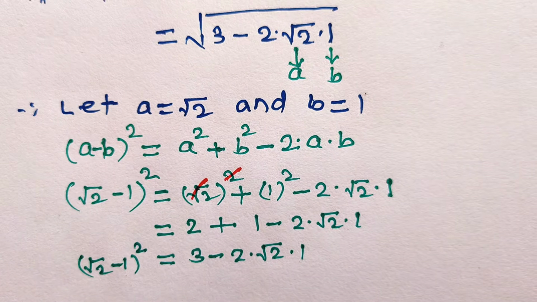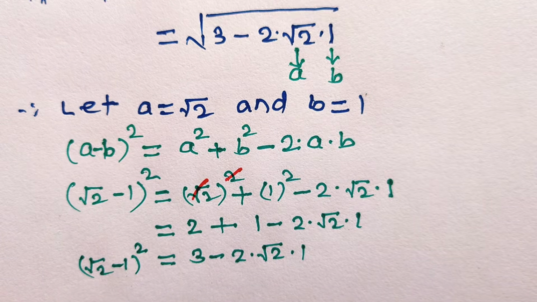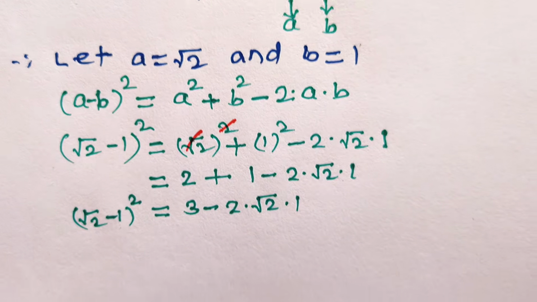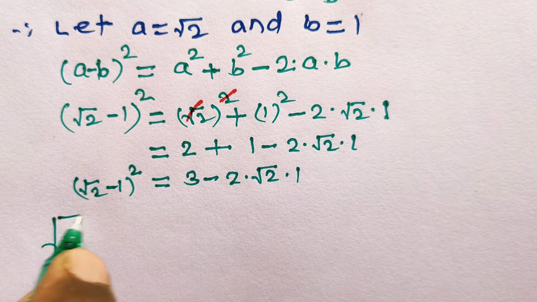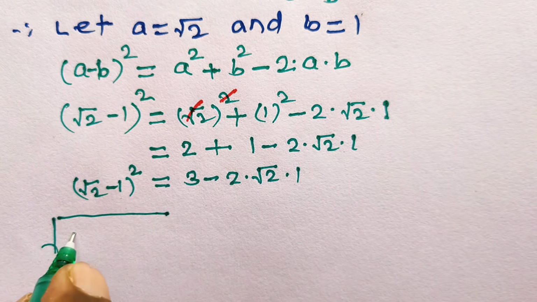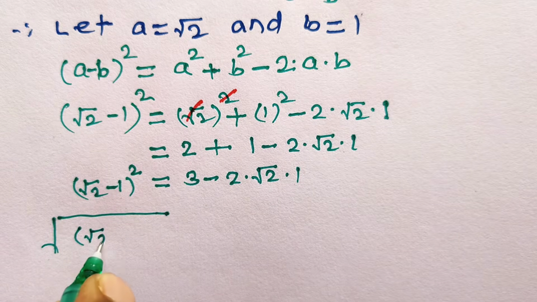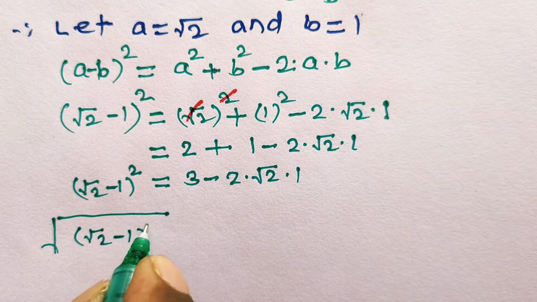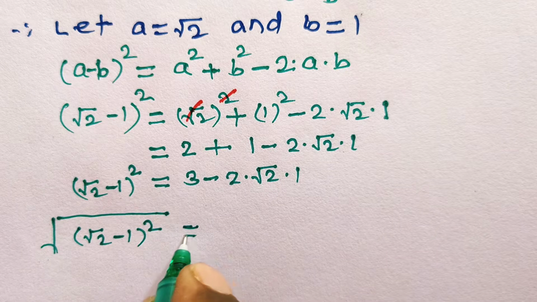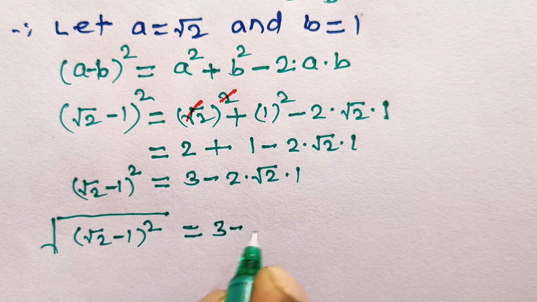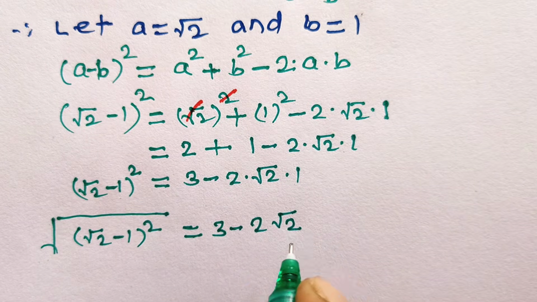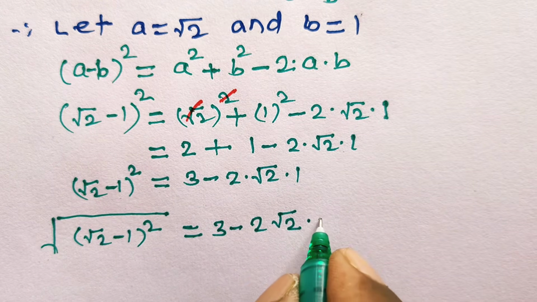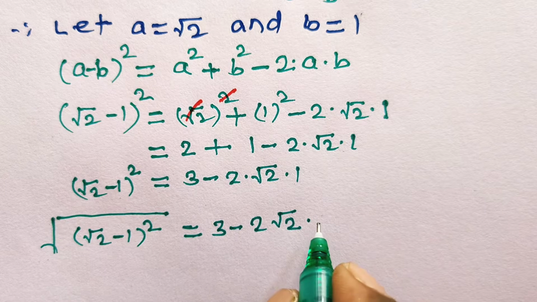Okay. Now taking square roots on both sides, this can be written as square root of (2 minus 1) square is equal to square root of 3 minus 2 into square root of 2 into 1, or square root of 1, both same.